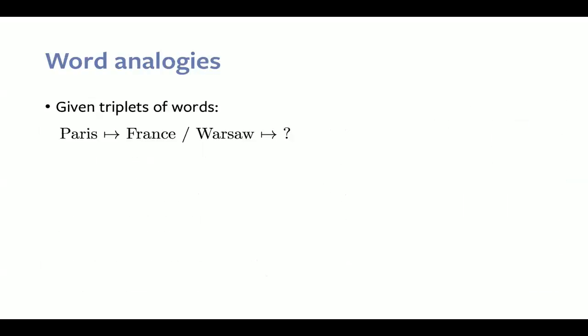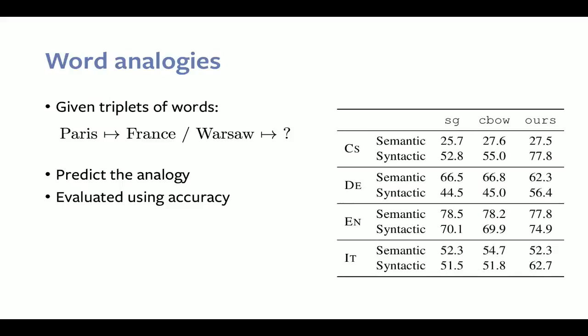The second evaluation is word analogies, where given a tuple like Paris, France, and given Warsaw, you're supposed to predict Poland. You can evaluate it using accuracy, so basically count the number of examples where you get it correct. We evaluated on Czech, German, English, and Italian with word2vec, skipgram, and cbow, and our model.